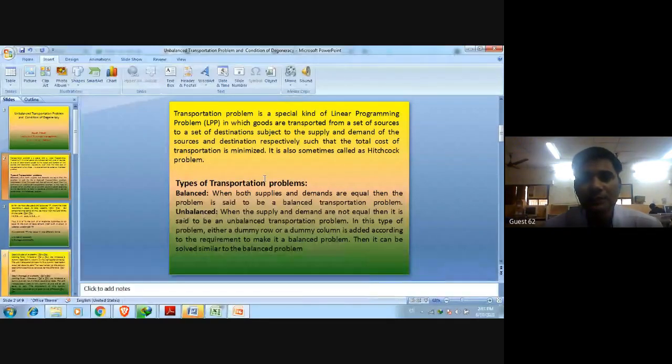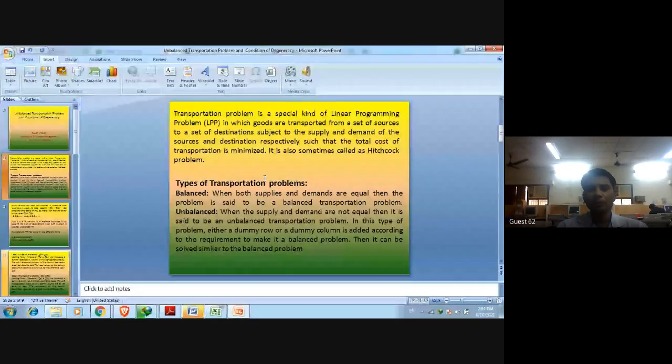In this process we have to minimize our transportation cost, so by using these transportation methods, we will minimize our transportation cost.